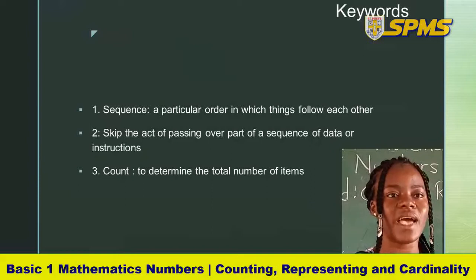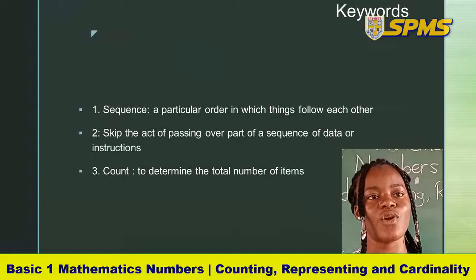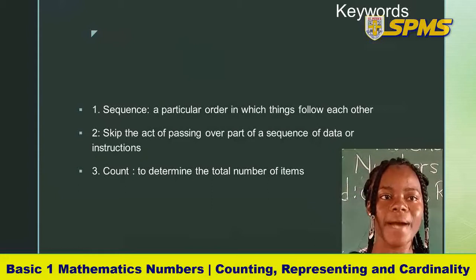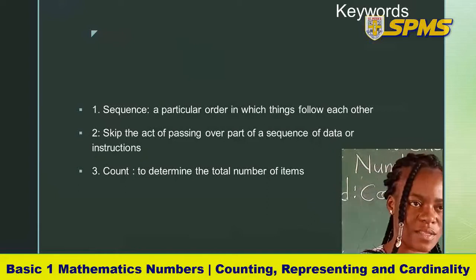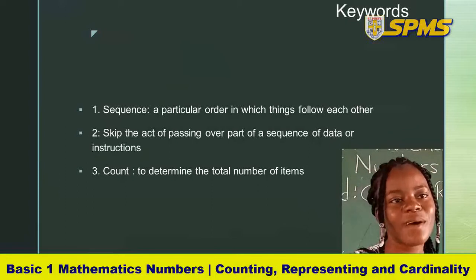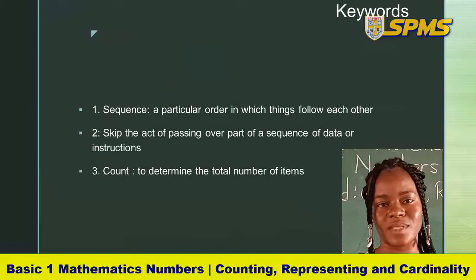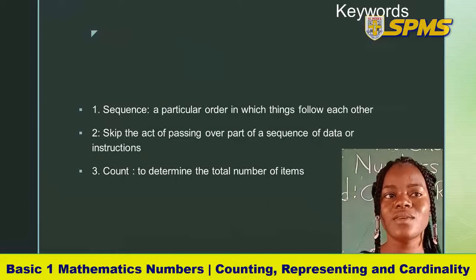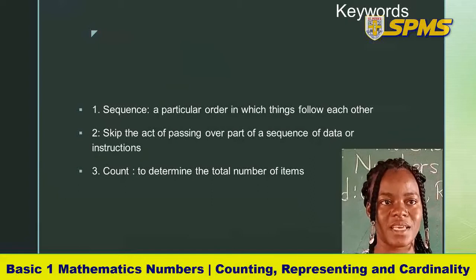Skip means the act of passing over parts of a sequence of data or instructions. Now let's move on to the next keyword, which is what? Count. Count means to determine the total number of items. I think we did counts in our other lesson.